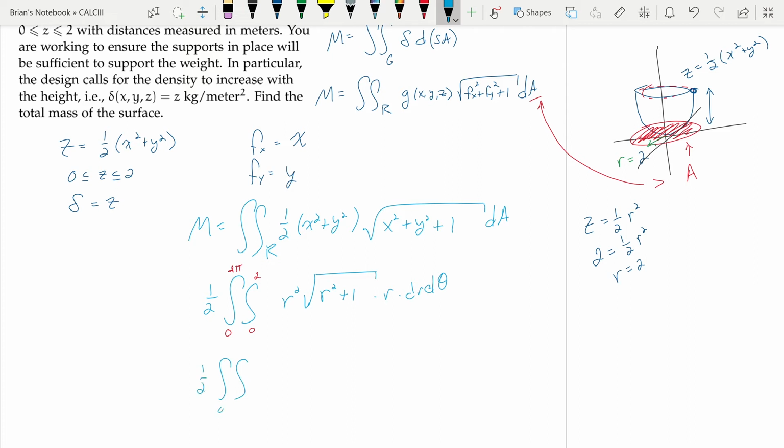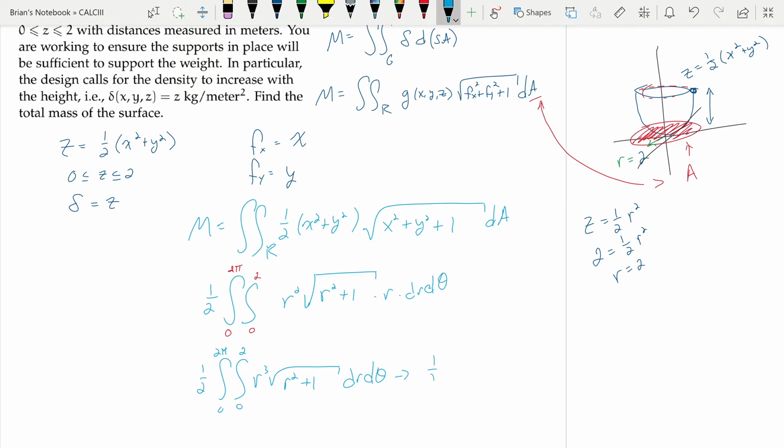So we've got 1/2, 0 to 2 pi, 0 to 2, r cubed square root of r squared plus 1 dr d theta. We could do the little Butler trick where he pulls out the d theta because we don't really care about it, and the 1/2 really, if we want to.